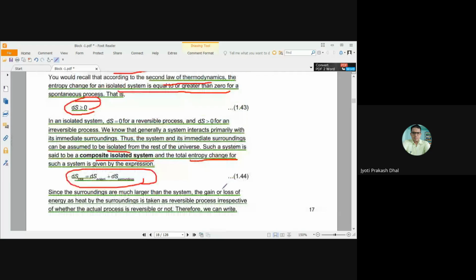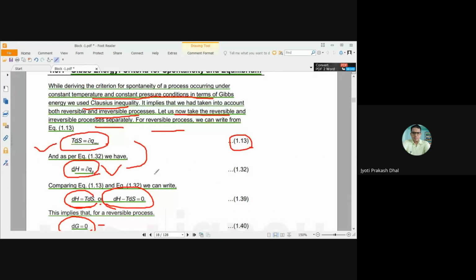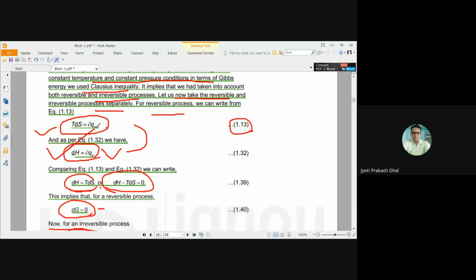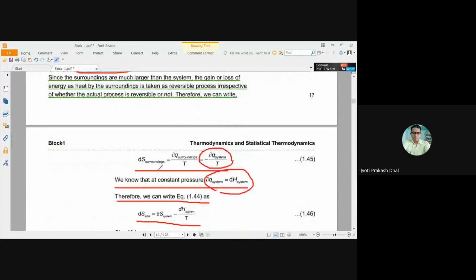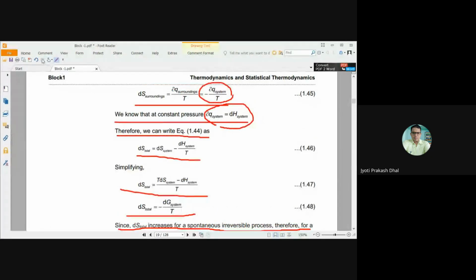Again, the same thing we have discussed here: at constant pressure dH equals dq. So putting that condition at constant temperature and constant pressure, we can write dq system equals dH system.